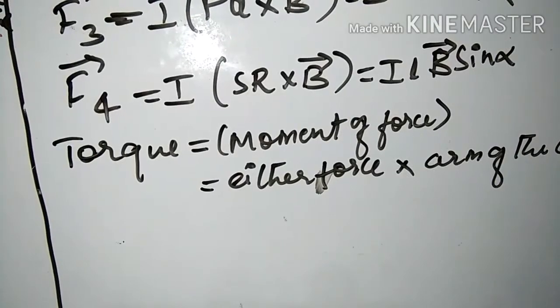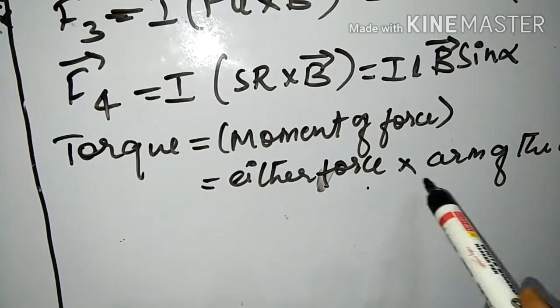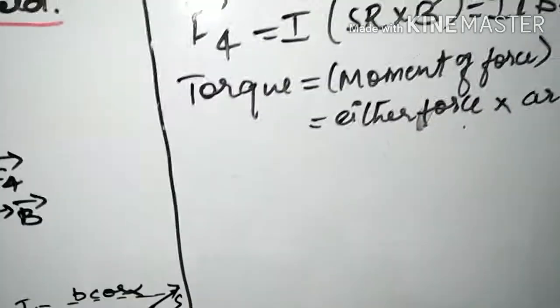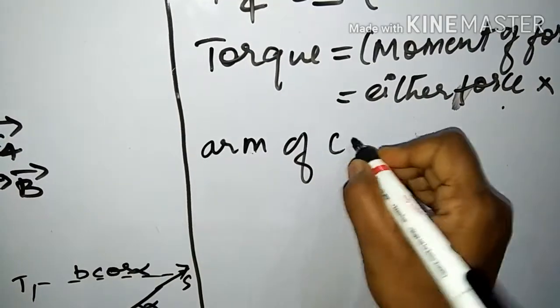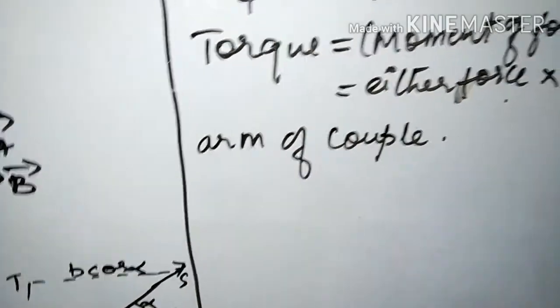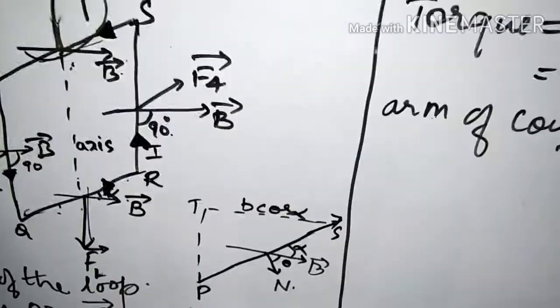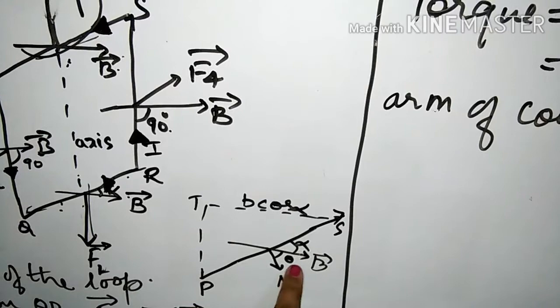So what is the torque by definition? It is the moment of the force, given by either force F into the arm of the couple. We will consider only one side, that is PS. We extend P to T and S to T, and here this is alpha.